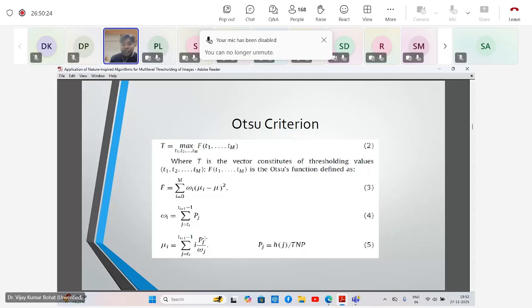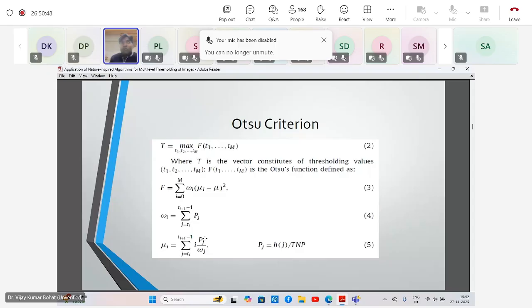That's how we calculate probability. So overall, Otsu defined one important criterion through which we put different values of T1 up to Tm, and the combination of the vector T1 up to Tm that maximizes this function gives the best multi-level thresholds of a particular image.